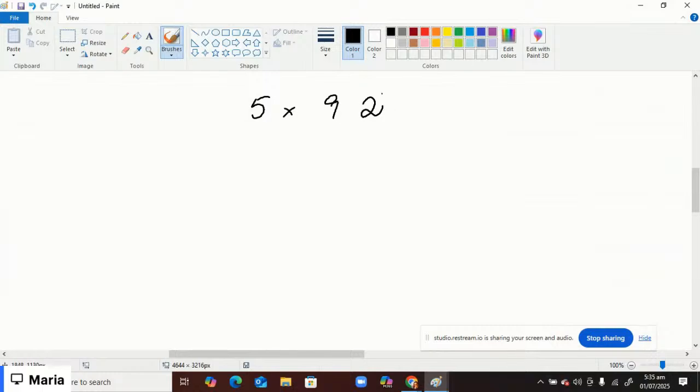Tell me first of all, can 92 be rounded up or rounded down?